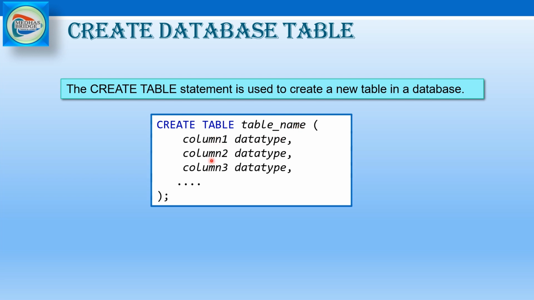Within which you have to specify all the columns separated by commas, but along with each column you have to define the data type, the domain that applies to that particular column. Got it? So this is how you can create a database table in a database. I hope you got me right.